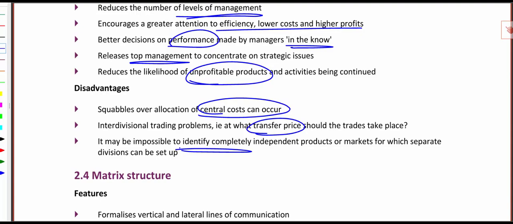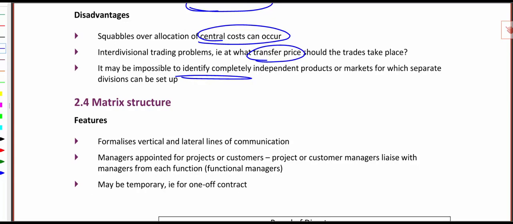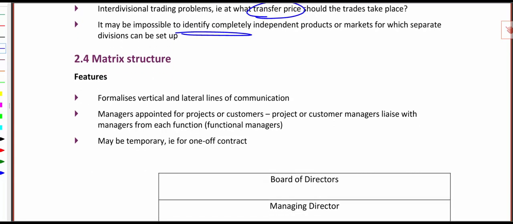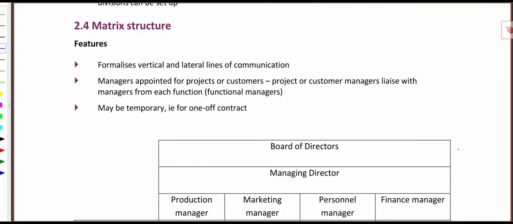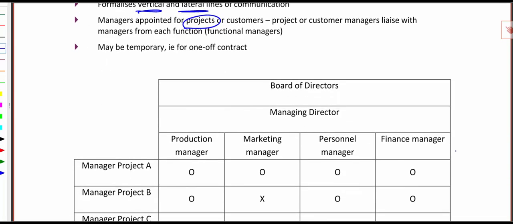Okay, so that's a divisional structure. Finally then, on our structures, we've got matrix, and if you remember from a previous recording, we discussed matrix structures, whereby it's kind of what you'd expect to see in a project. Okay, so we now have vertical and lateral lines of communication, so it's no longer a hierarchy from top to bottom. We also have lateral communication.